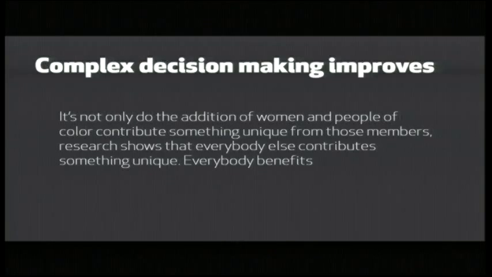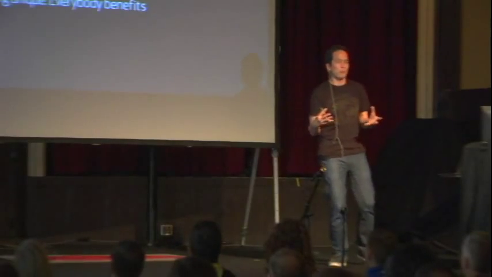Complex decision making improves when you have diversity. I really like this one. It's not just that people who have diverse viewpoints introduce new ideas, but that the existing people in the group also feel freer to express different viewpoints, right? We know that there's this mold of the developer, right?